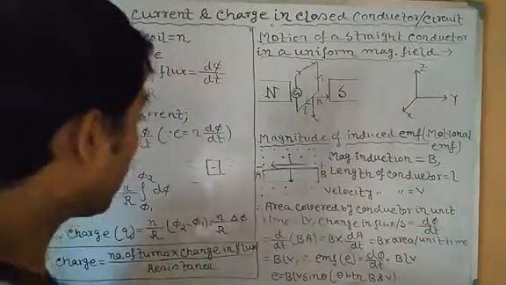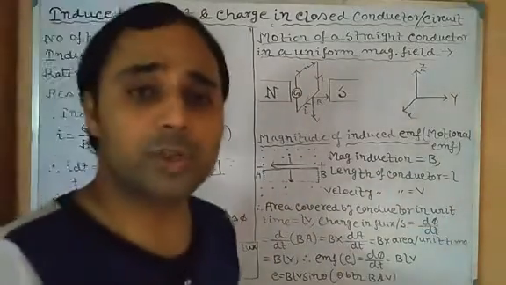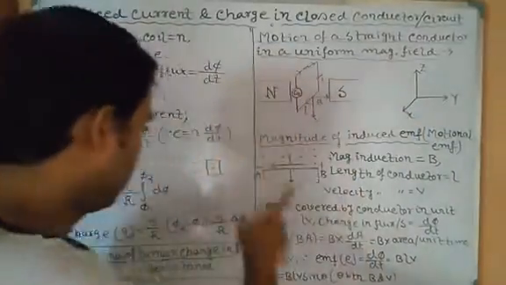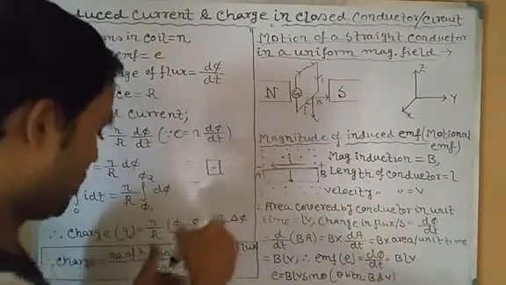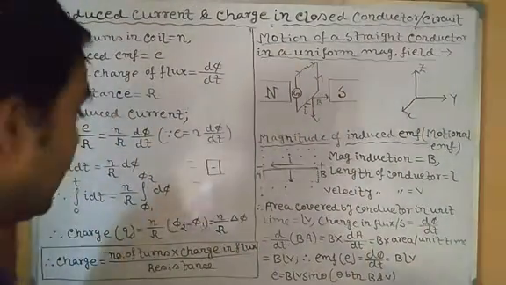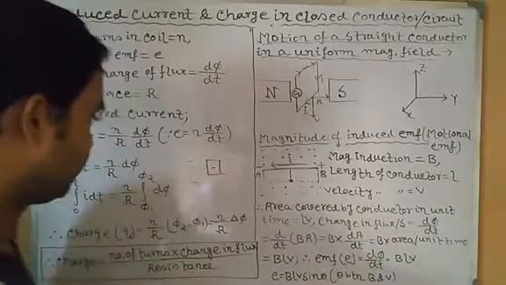Whereas flux is the total number of magnetic field lines crossing that surface.